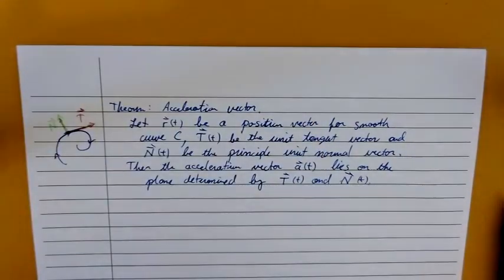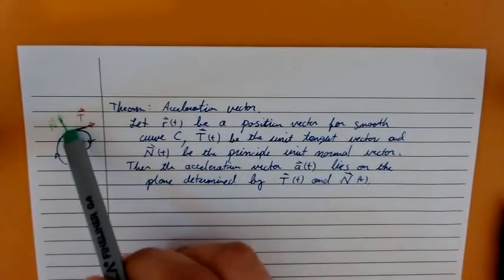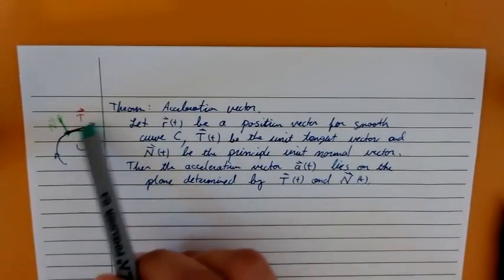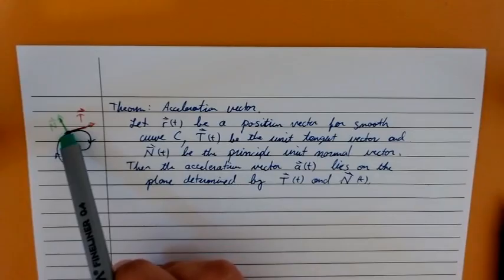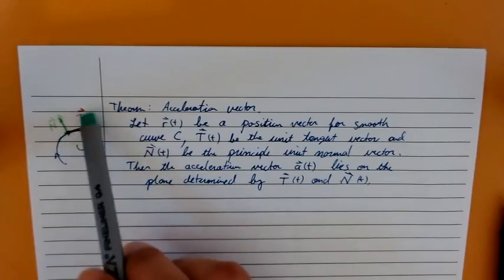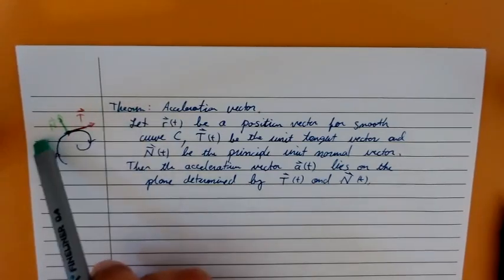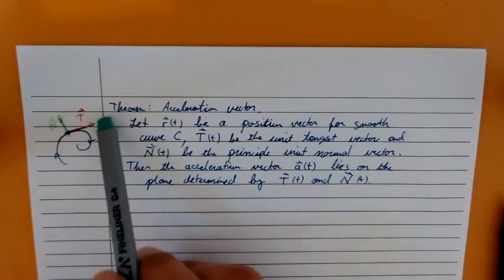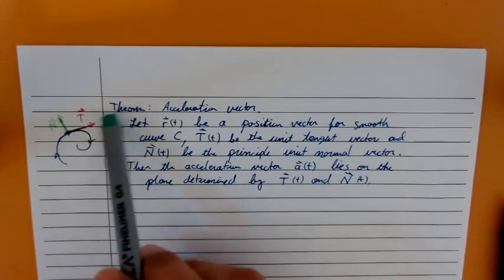Now, the unit tangent vector is in the direction of the velocity. The velocity at a single point on a curve is tangent to that curve. Of course, this is a unit tangent vector, whereas velocity doesn't have to be unit length, so that doesn't mean they're equal. But here, the velocity is in this direction.